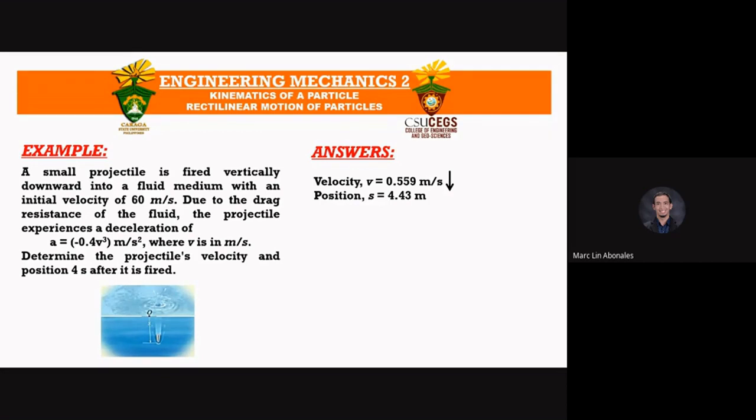This type of problem is the same as the first one, where the acceleration is not constant. It's quite obvious that the given acceleration is variable, equivalent to negative 0.4 v cubed.